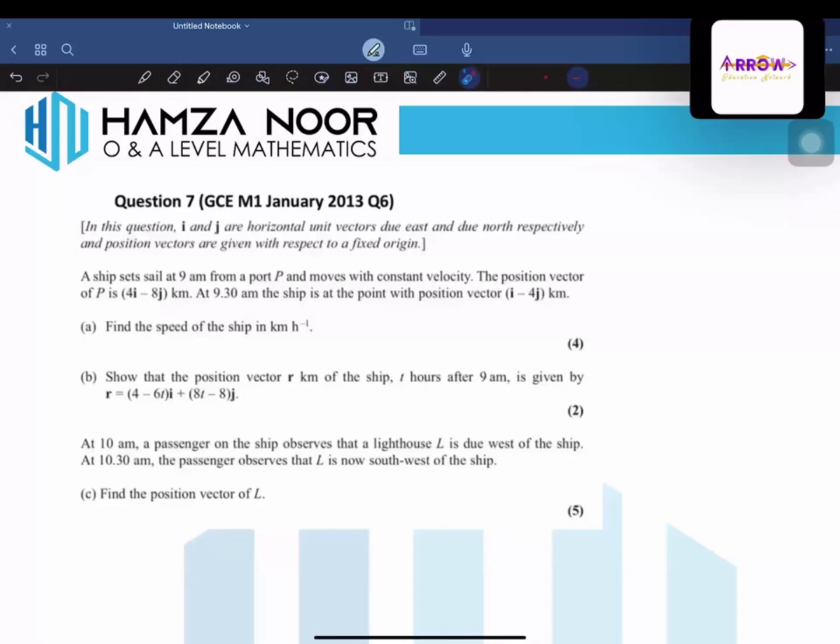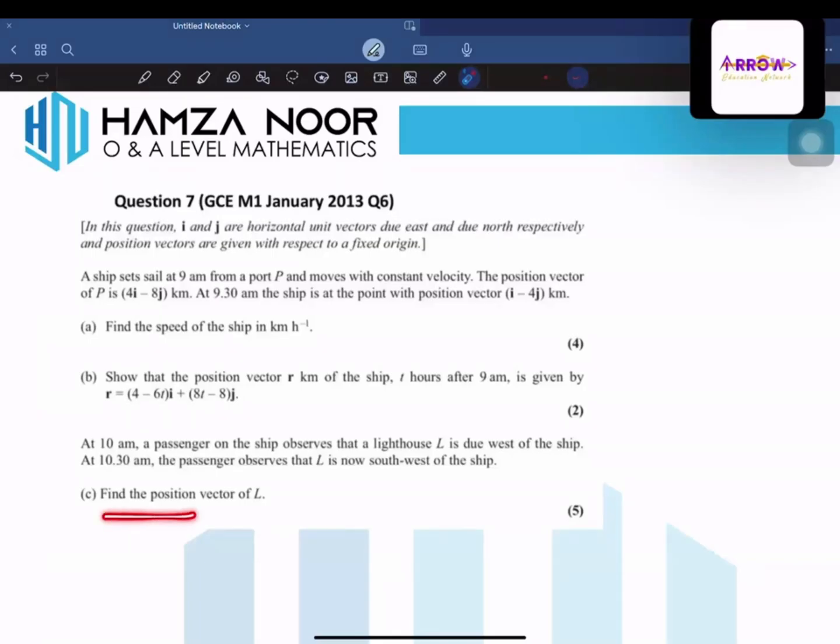So at t equals 1, a passenger on the ship observes that a lighthouse L is due west of the ship, and at 10:30 a.m., meaning t equals 1.5 hours, the passenger observes that the lighthouse L is now southwest of the ship. Southwest means halfway between south and west, exactly between south and west.